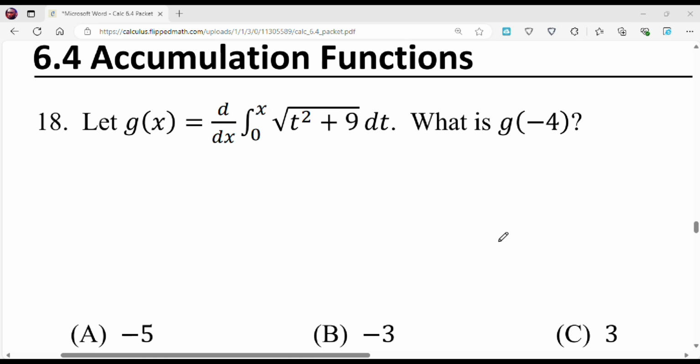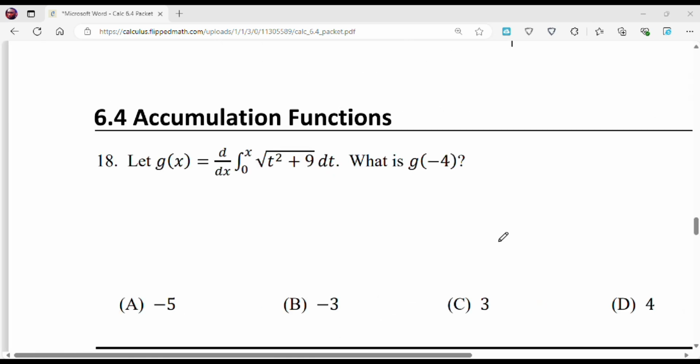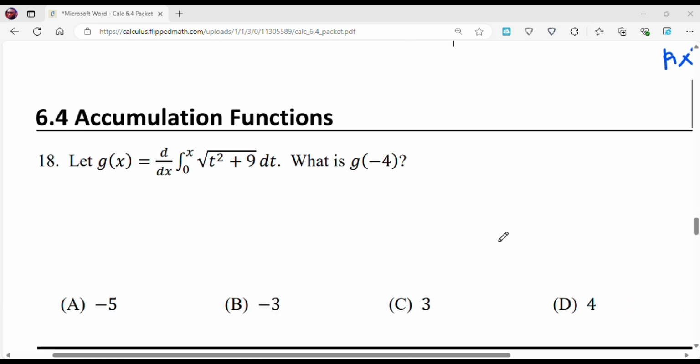Alright, test prep. Let g of x equal the derivative with respect to x of the integral from 0 to x of the square root of t squared plus 9 dt. Alright, what is g of -4?